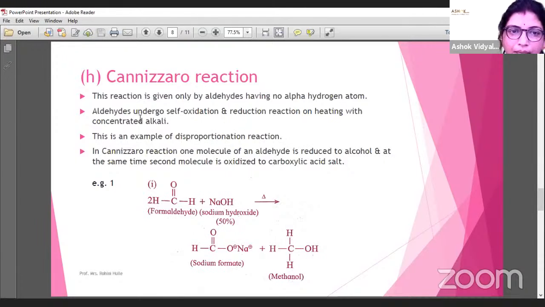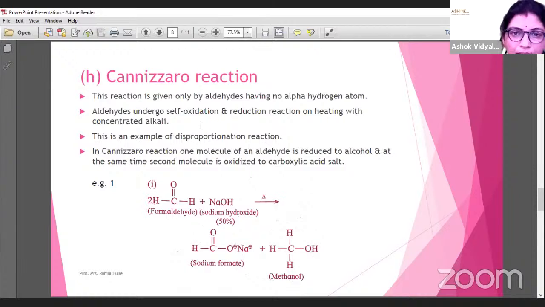Aldehydes undergo self-oxidation and reduction reaction on heating with concentrated alkali. Means aldehydes without alpha hydrogen undergo self-oxidation reduction in the presence of this alkali.